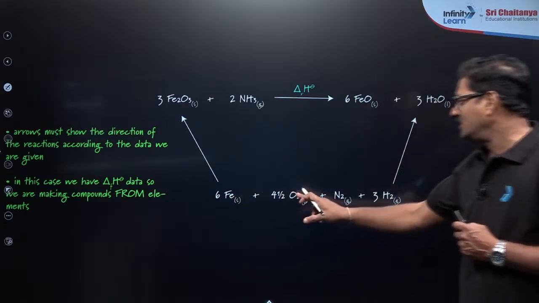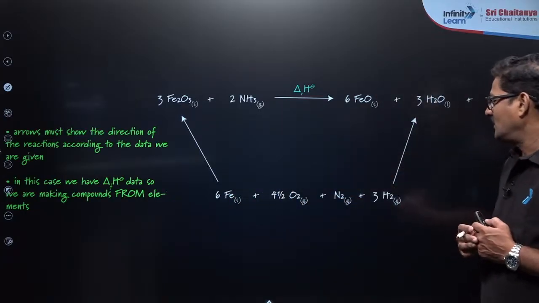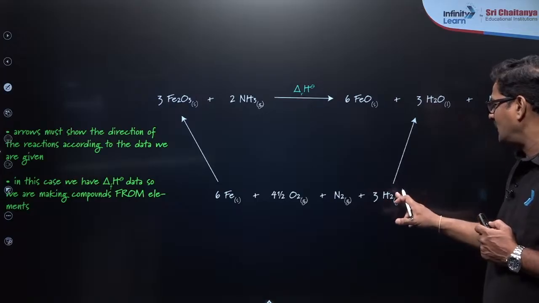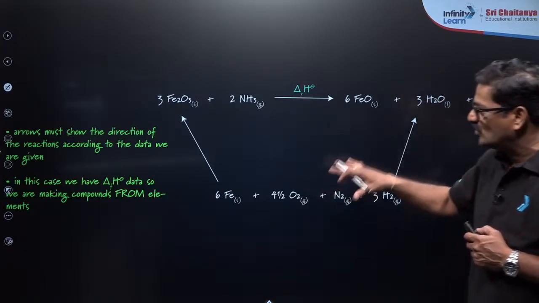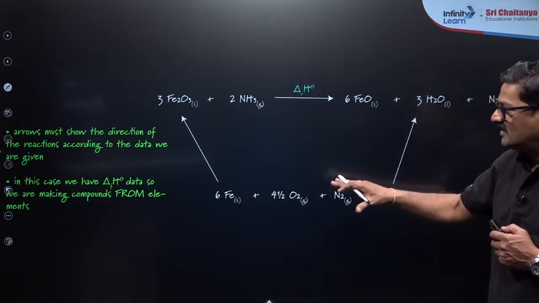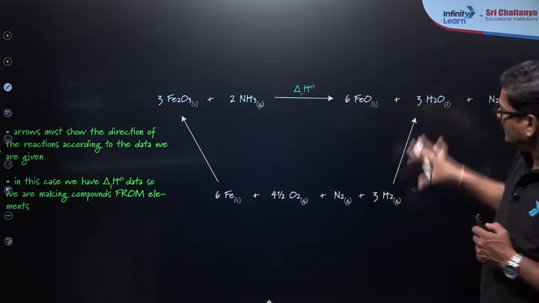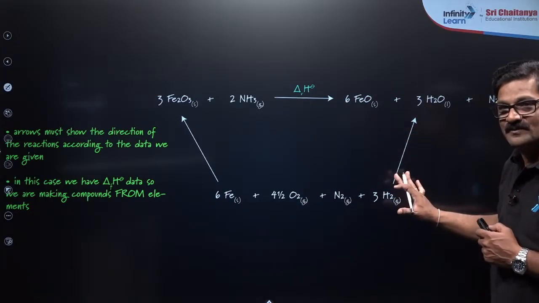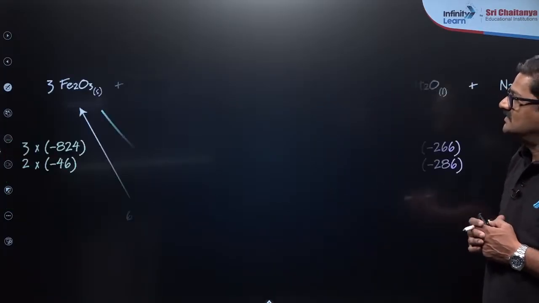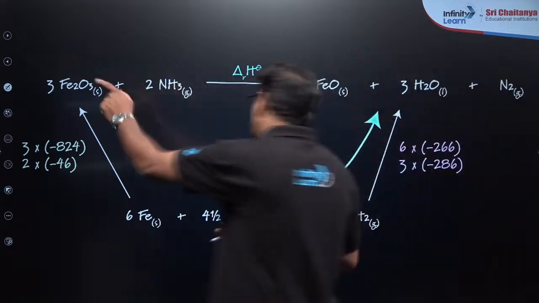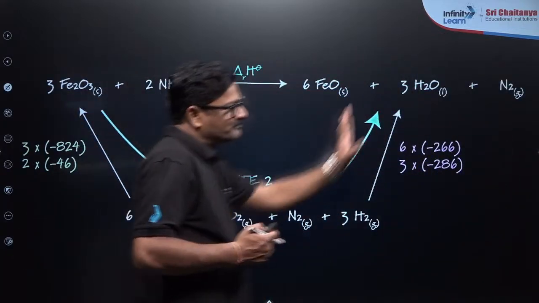Fe combined with oxygen gives us FeO, and nitrogen combined with hydrogen gives us NH3. So in this case we have delta H data for all of these, making every substance that is here. So we can use this. So this is the first version, route 1 and route 2.